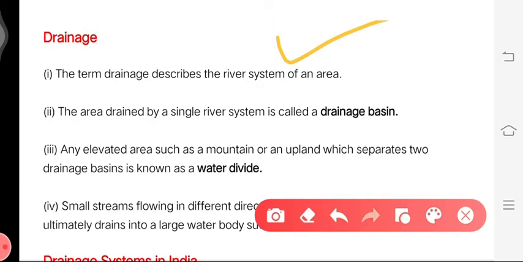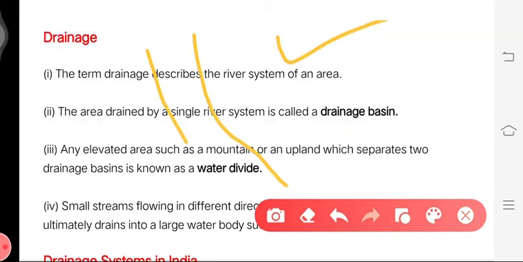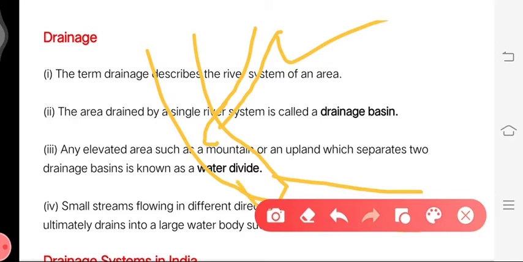A river system is a main stream or head stream descending from the mountains or the peninsular plateaus, from a highland, and some other small streams, which are called tributaries, join it and make a main stream or a big river like the Ganga.